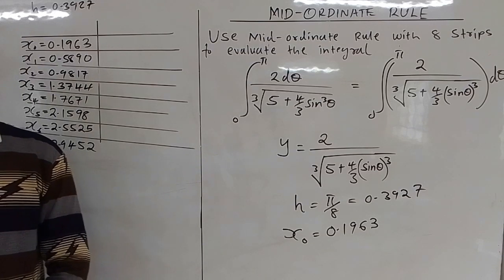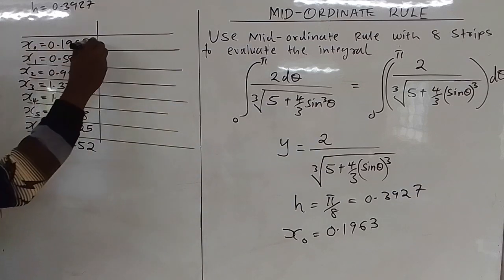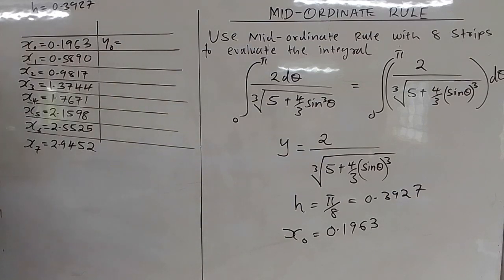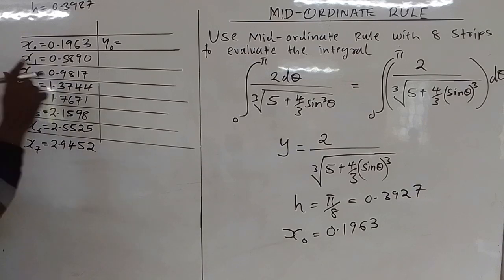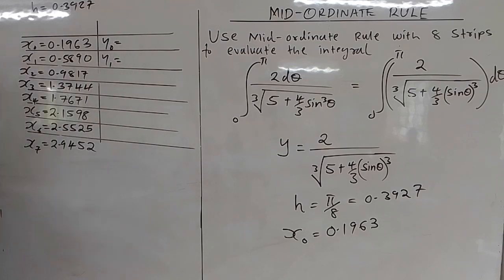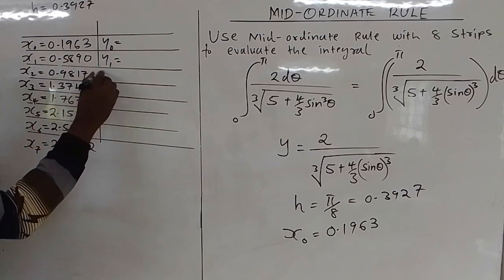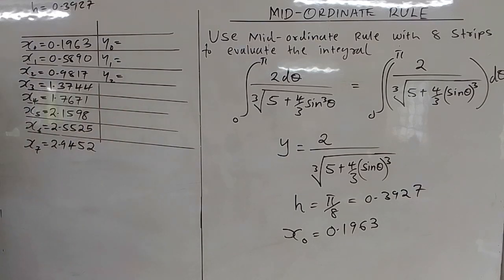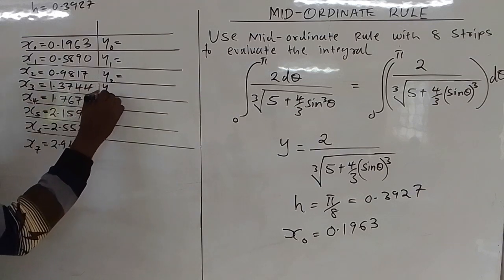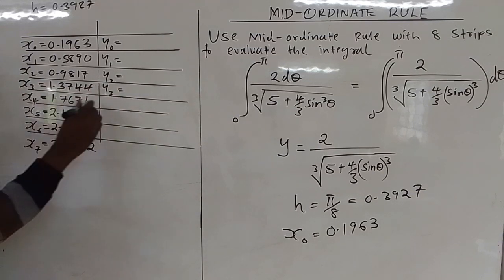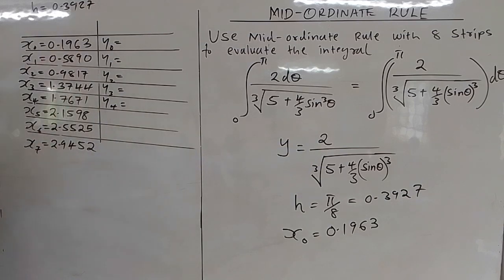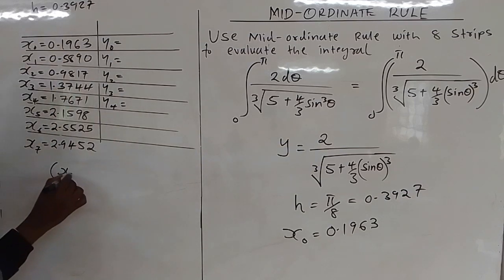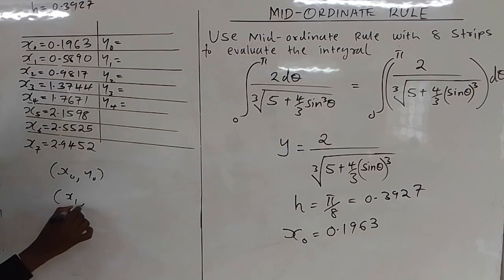When you have x naught, you can get y naught from x naught. When you have x1, you get y1 from x1. When you have x2, you get y2 from x2. When you have x3, you get y3 from x3. When you have x4, it gives you y4, because they are coordinates of a point: x0, y0; x1, y1.